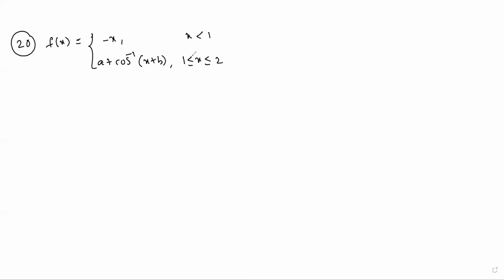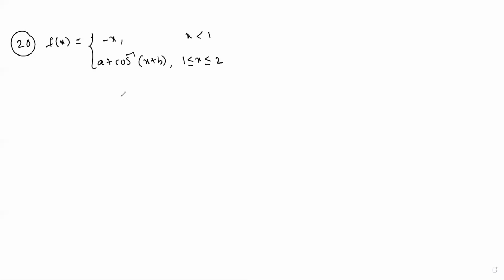Next, last one, question number 20. The function, what they gave, same, it is differentiable at 1. What they gave as the function? Minus x for x less than 1, a plus cos inverse of (x plus b) for 1 less than or equal to x less than or equal to 2.